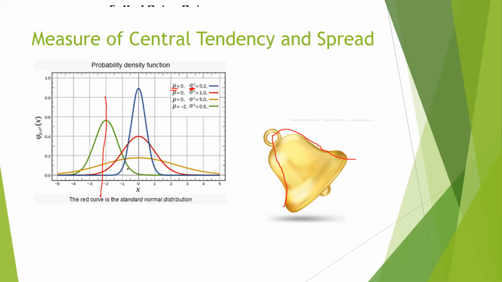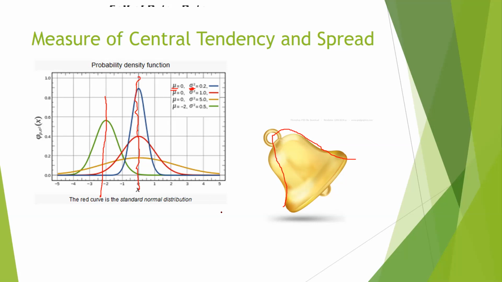However, if we compare the blue, the red, and the orange, they are centered at the same location. They have the same mean, same average. However, they have different variance. That's why these three are also completely different distributions.